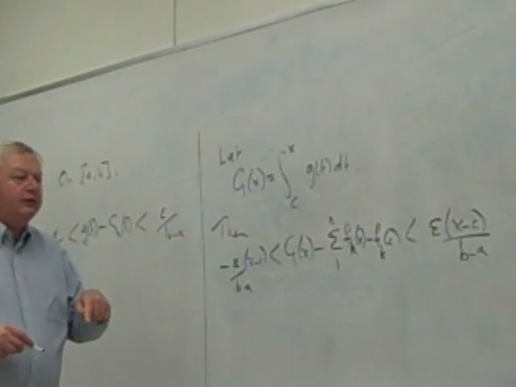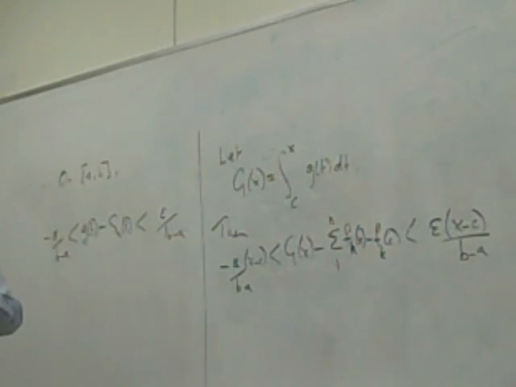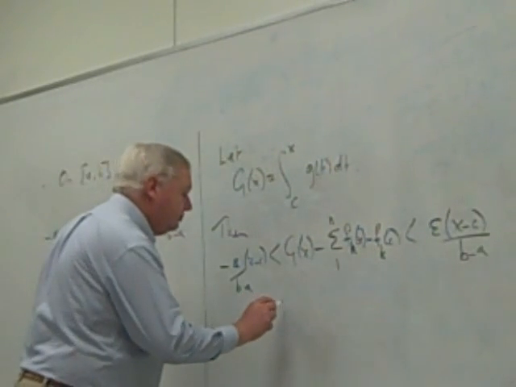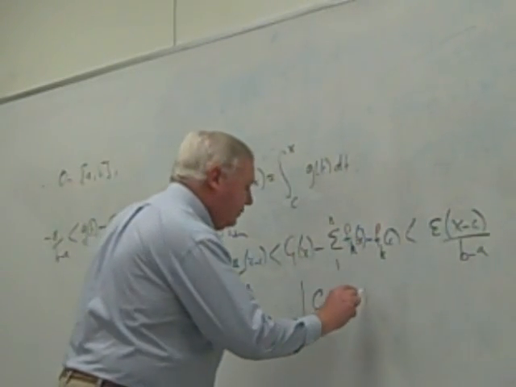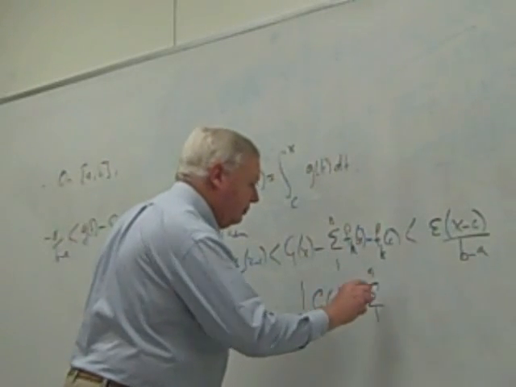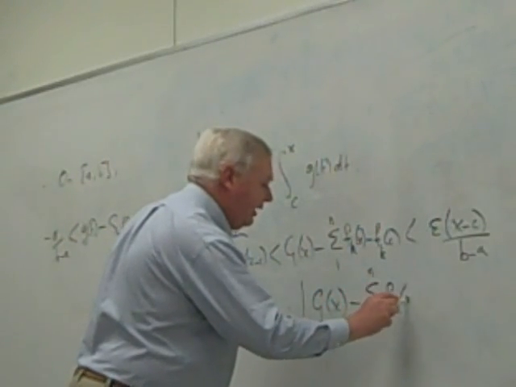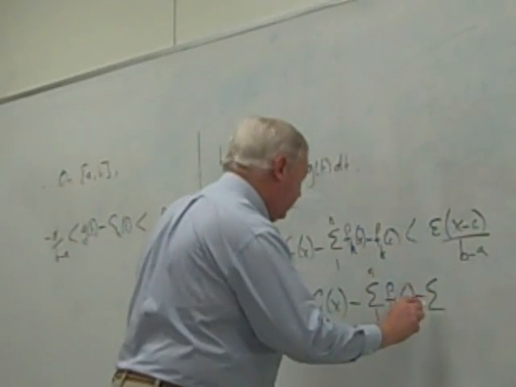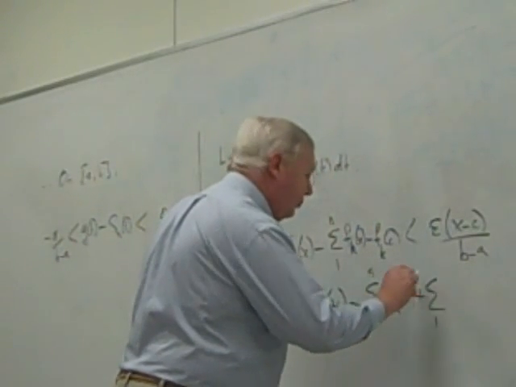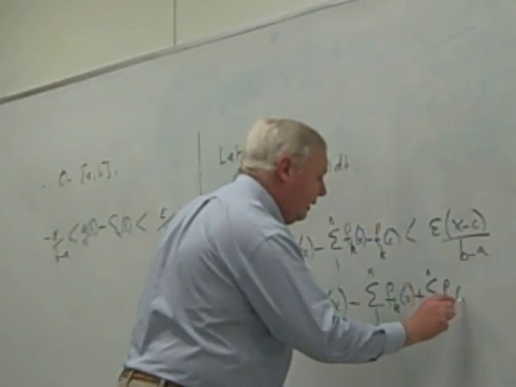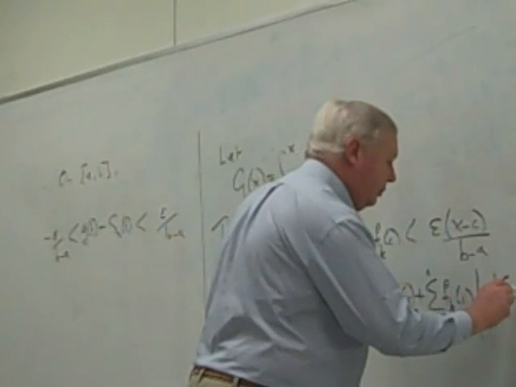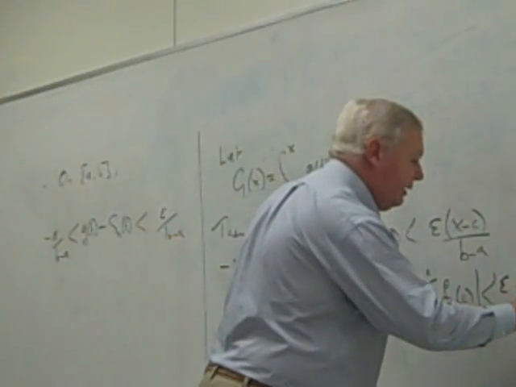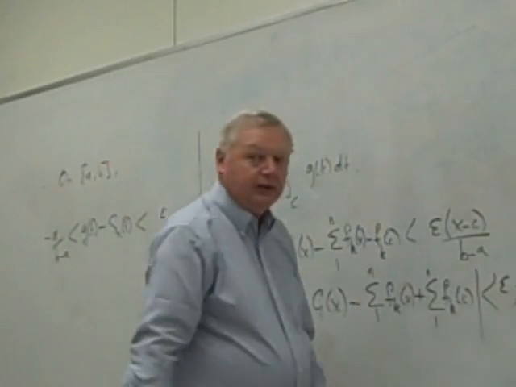Now, because c is somewhere in the interval, x minus c is bounded above by d minus a, and therefore the absolute value of g of x minus the sum from 1 to n fk of x plus the sum from 1 to n fk of c is at most epsilon, and that is for any x in AB.